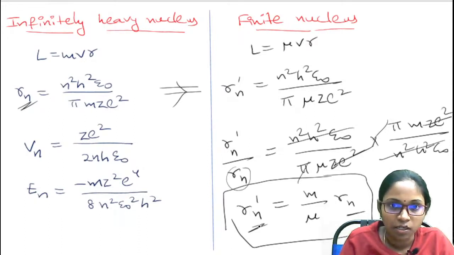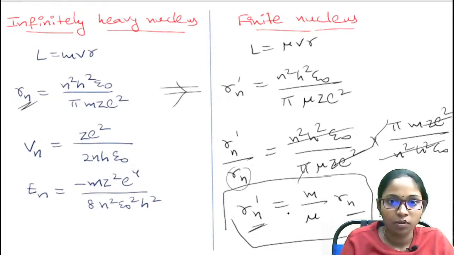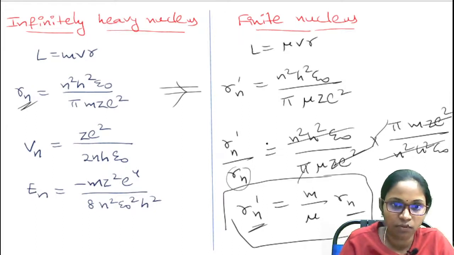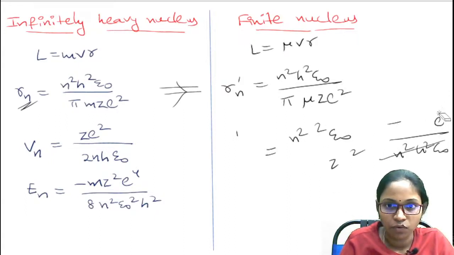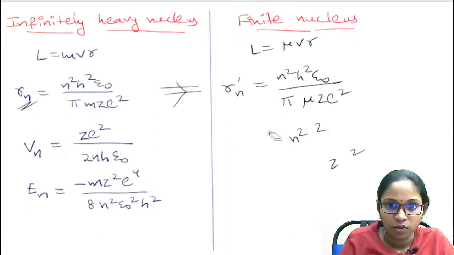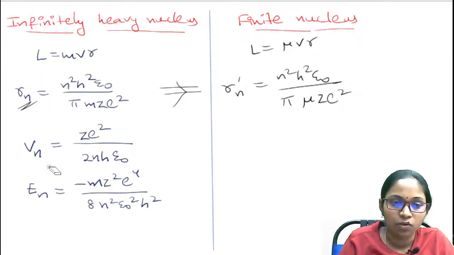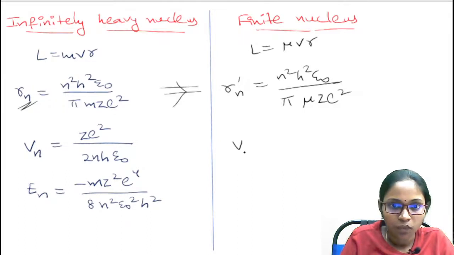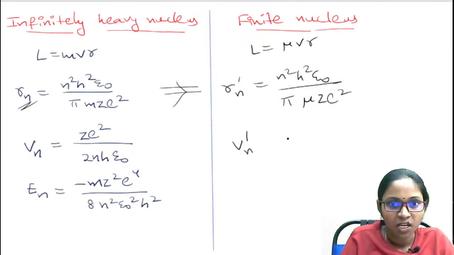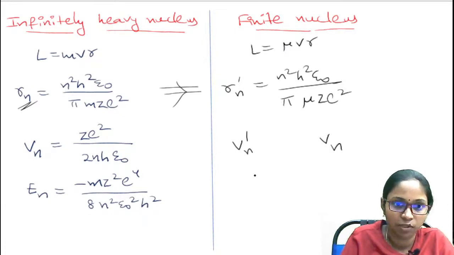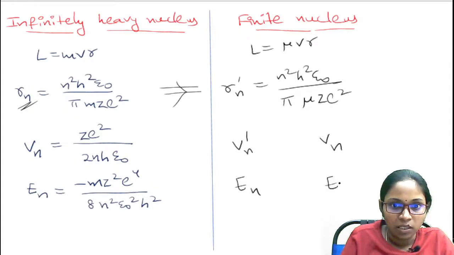You have to solve for the relations between the velocity of the electron moving in the nth orbit for finite nucleus and for infinitely heavy nucleus, and also for the energy equations.